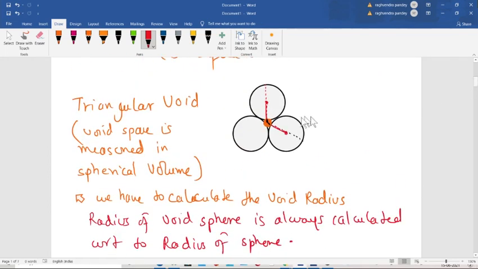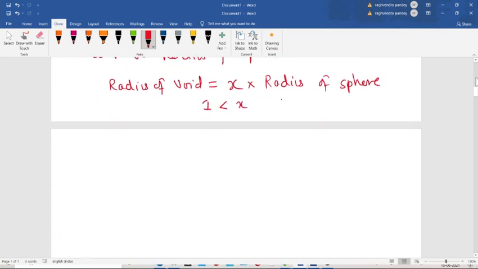Now if we see this system, the radius of the void and the radius of the sphere.